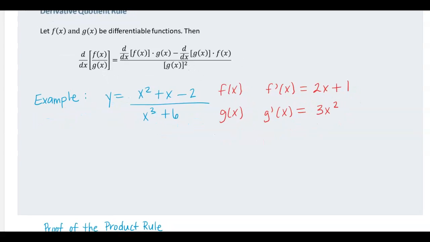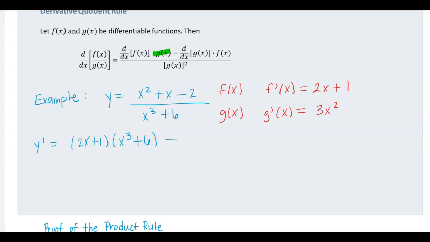So then when we want to find the derivative of the whole function, we're going to start with the derivative of the numerator, which is 2x plus 1. And then we're going to multiply that by the denominator, which is x cubed plus 6.